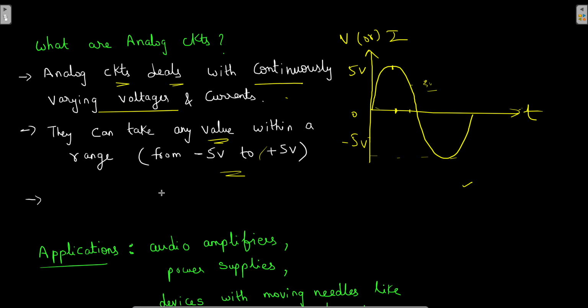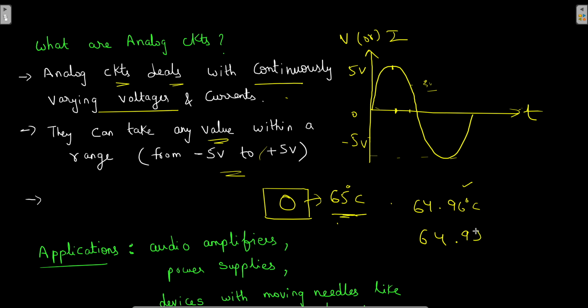For example, I'm taking one oven. In this oven I'm setting the temperature at 65 degrees. It may be 65 degrees, or it may be 64.96 degrees with respect to time, or it may be 64.9579 degrees also, because analog electronics has more precision.